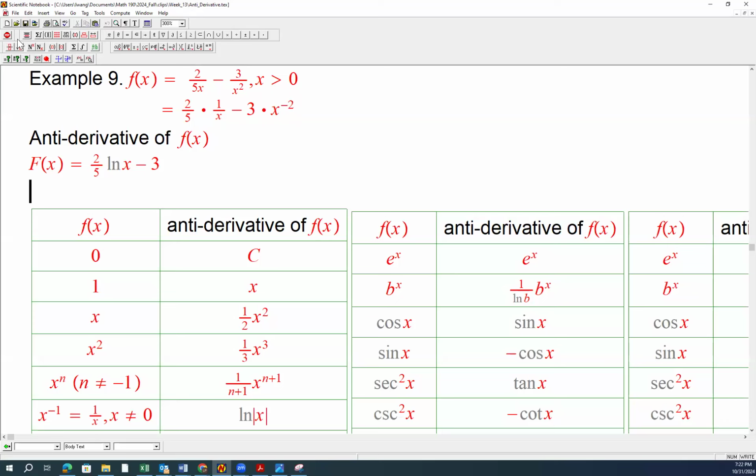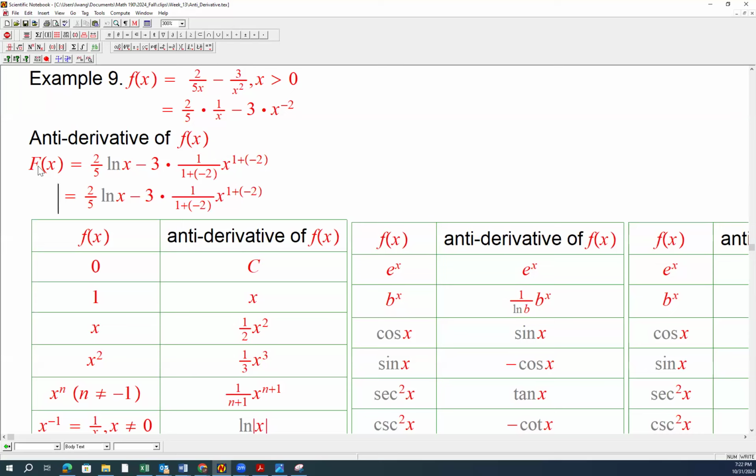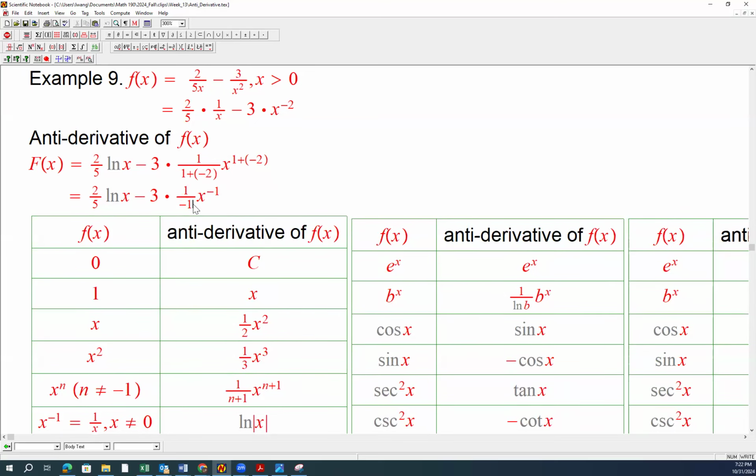So we're going to use the power rule. Over here, we get 1 over 1 plus negative 2, and x raised to the power of 1 plus negative 2. Of course, you know that's negative 1. Let's just write one more step. In your work, you can go to this step directly, because I'm sure you guys are getting better. 1 over negative 1 is negative 1.